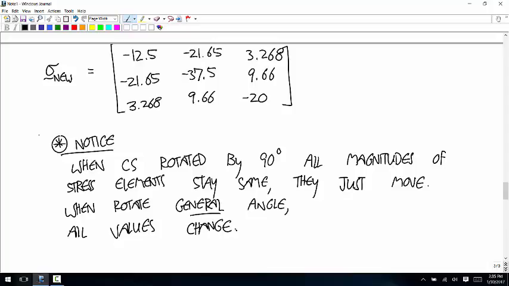And this is important because how likely something is to break depends on things like what's the normal stress, what's the shear stress, okay?